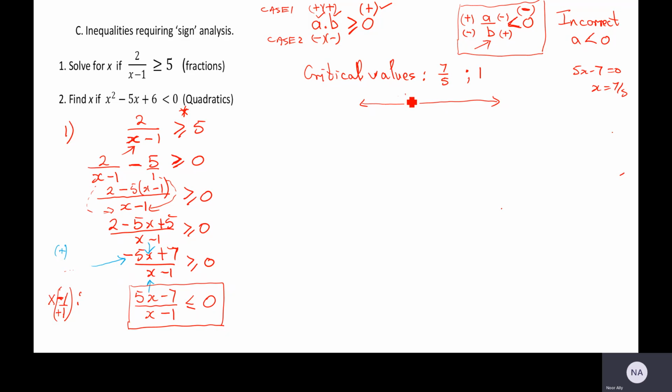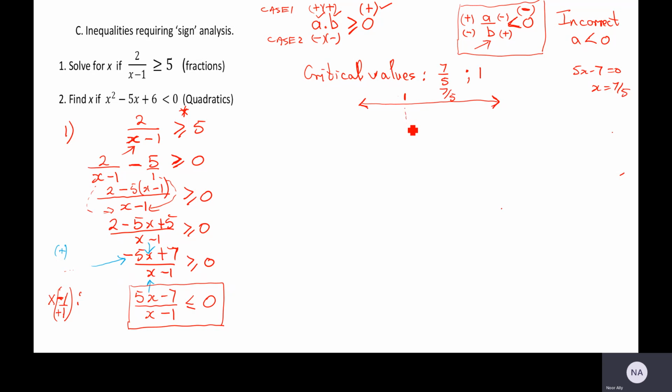So on the number line, I will have a 1. I will have 7 over 5. Now what I do is very quick, and I'm not sure what depth I should go into in this discussion, but let's do it. Let me do the first one.